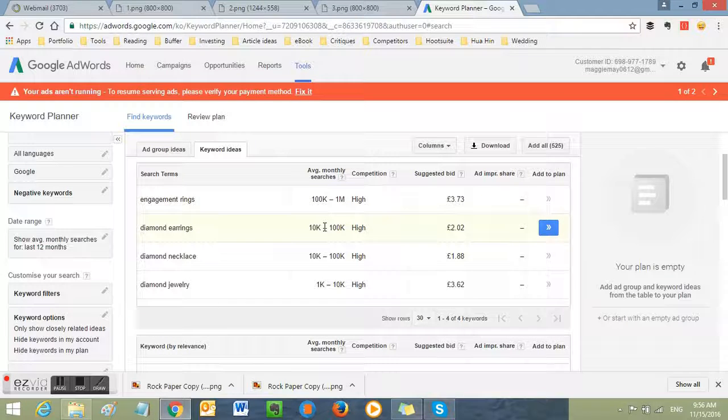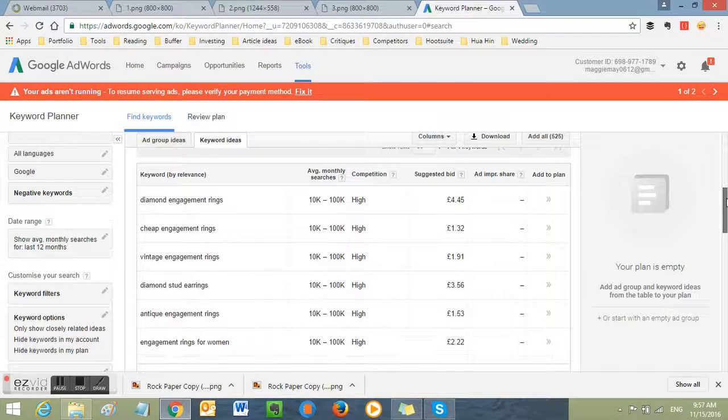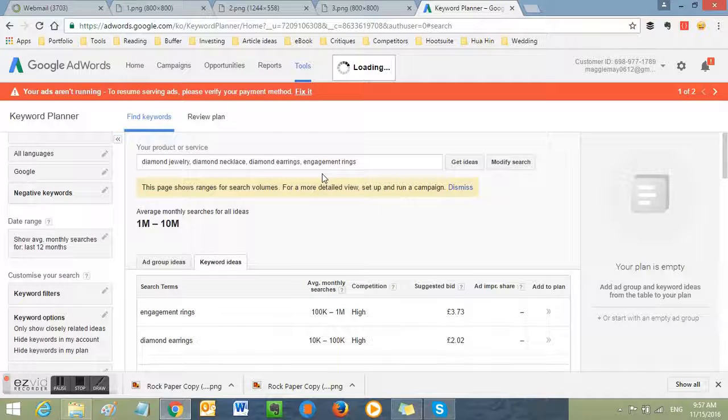Below this, we've got a list of possible related keywords that we could use, and what I like to do is click this average monthly searches tab, which will sort the keywords from the most popular, the most searched for in terms of searches per month, which will give us the most popular searches at the very top.